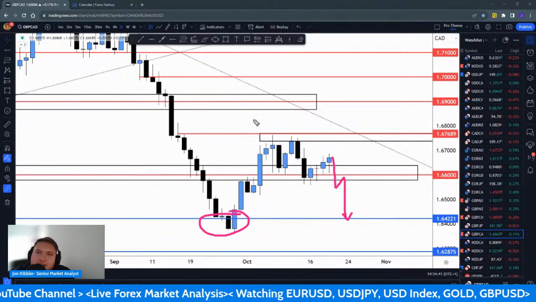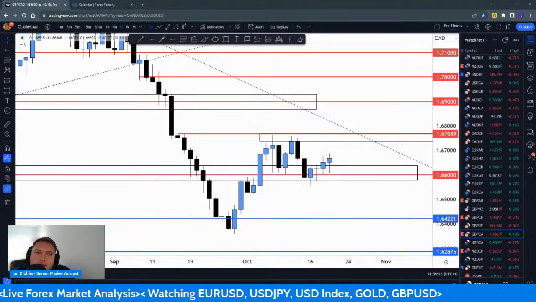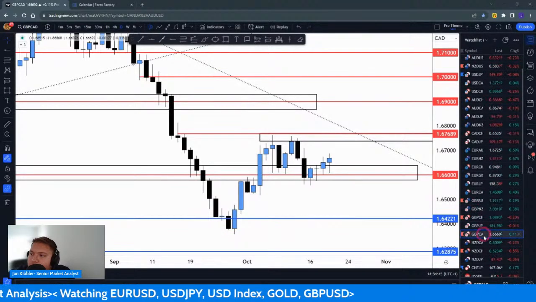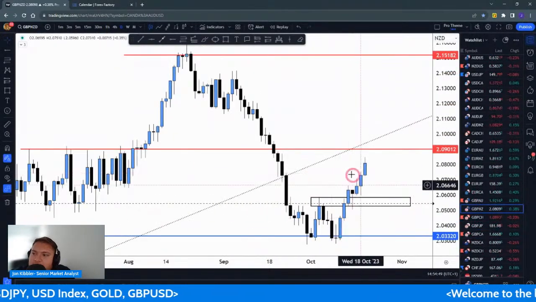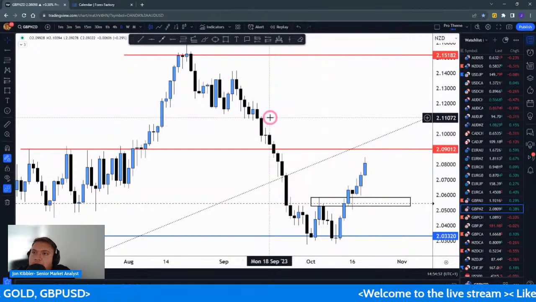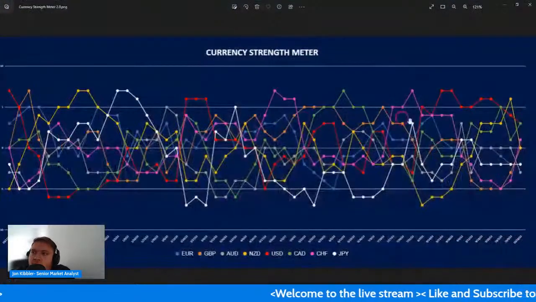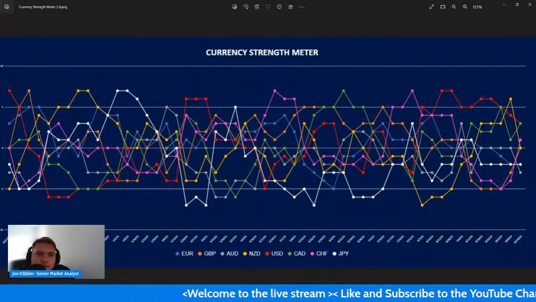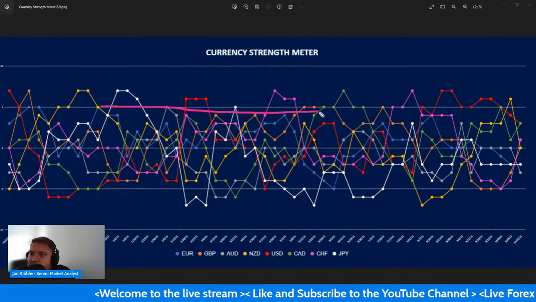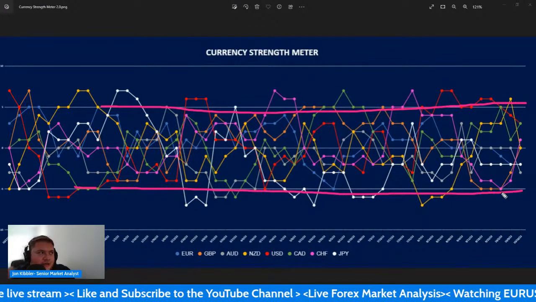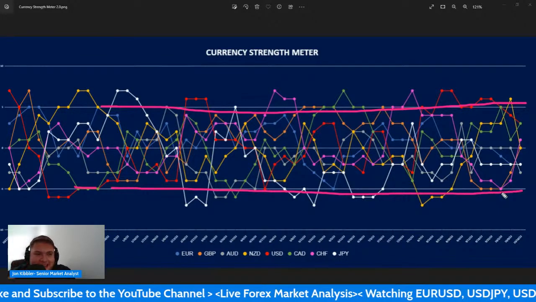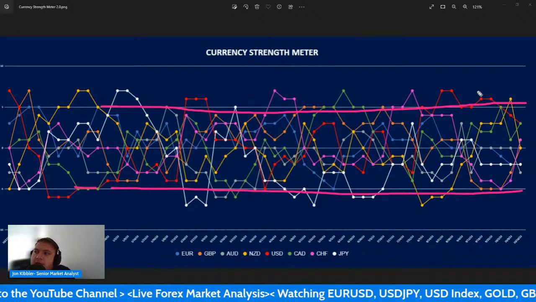it's not as clear as pound Kiwi, right? Obviously Kiwi was really strong at one point. Now it's switched and pound's strong, so that's a lot cleaner, which is sort of why I try and focus on anything above the high there and anything below the low, because it gives you a bit more of a cleaner move.